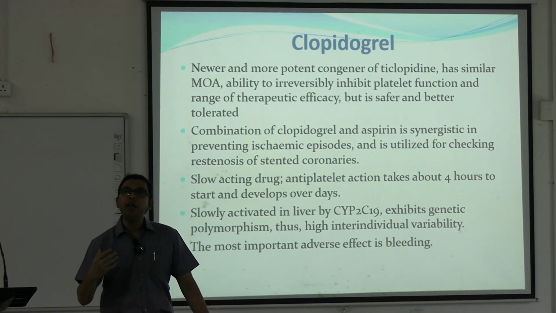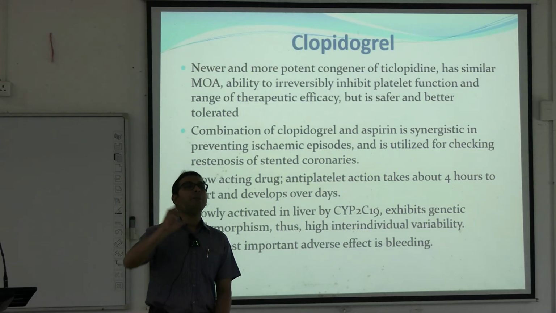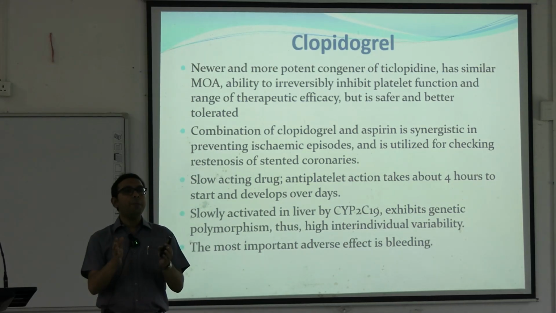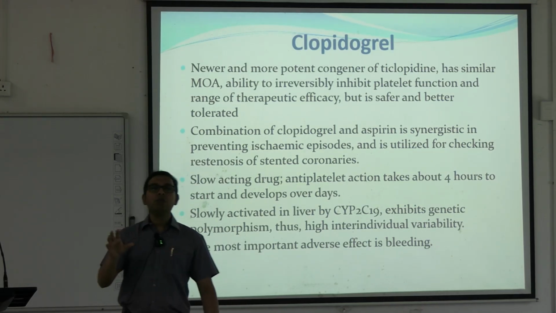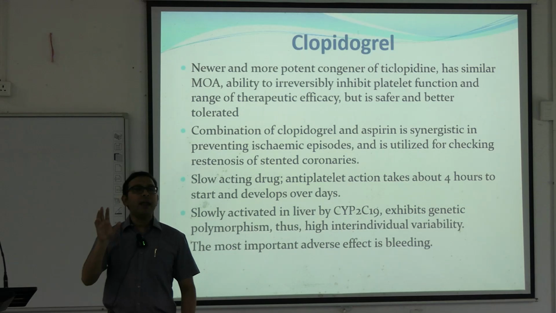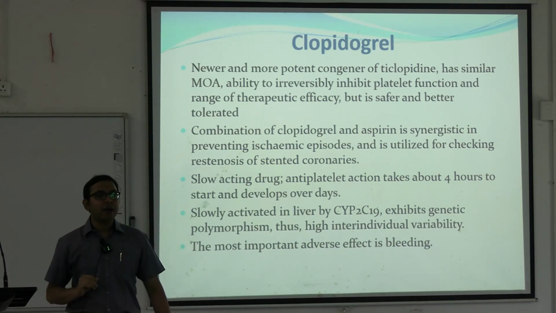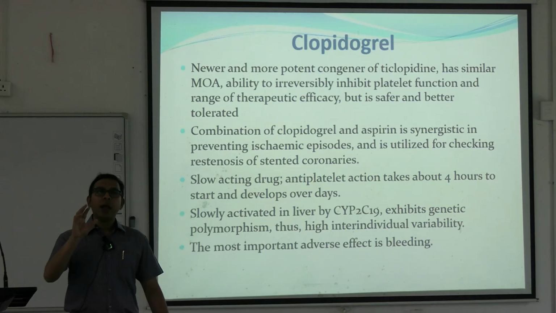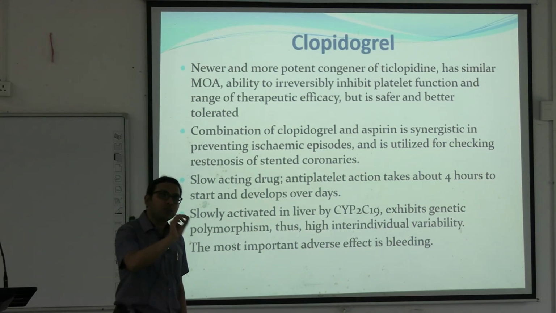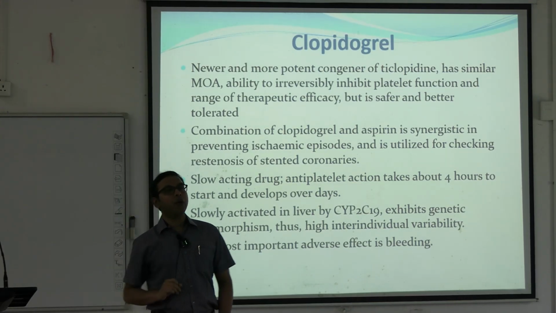After that, we have to give some drugs so that there will not be again some thrombus formation and again blockage. So usually for the first few months, we can use the dual antiplatelet therapy. What is the dual antiplatelet therapy? Dual action antiplatelet therapy, DAPT. We can use the combination of the low dose aspirin plus clopidogrel.